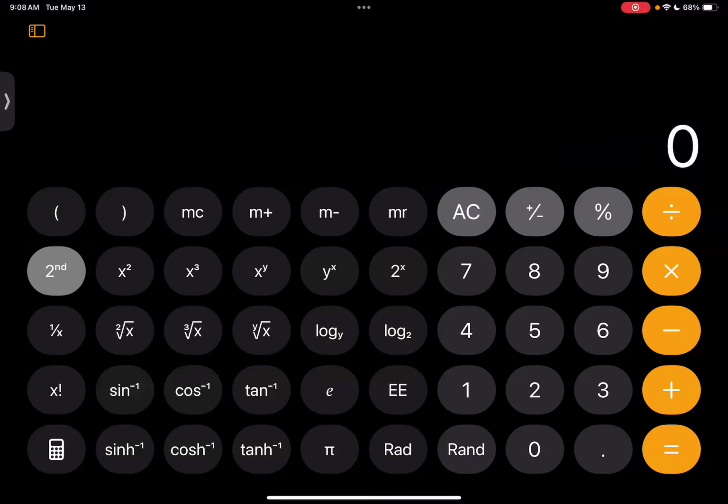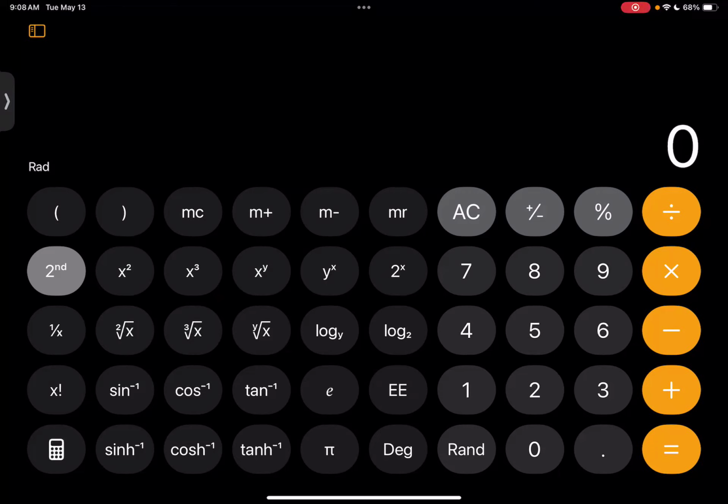Some things about a calculator first. There's only one thing you've got to check on your calculator: that it's in degree mode. If on your phone or iPad or whatever you're using, on the bottom left-hand side of the screen, it says rad, then you're in radian mode, and we're not going to touch that topic.